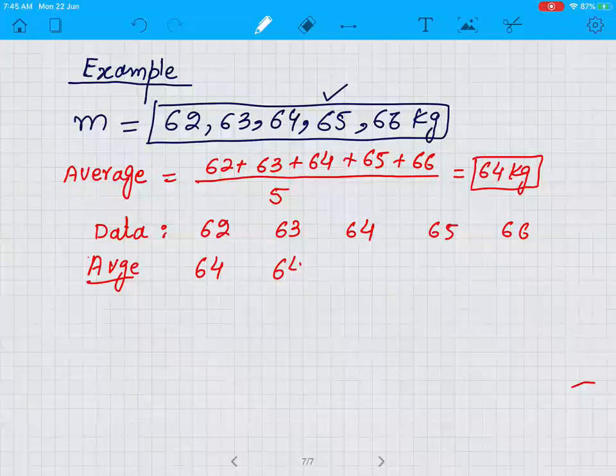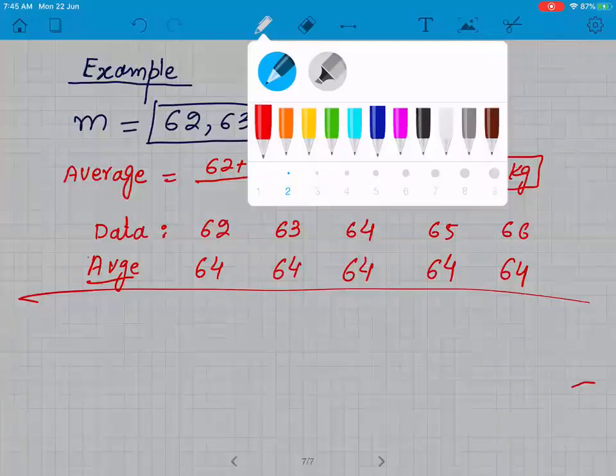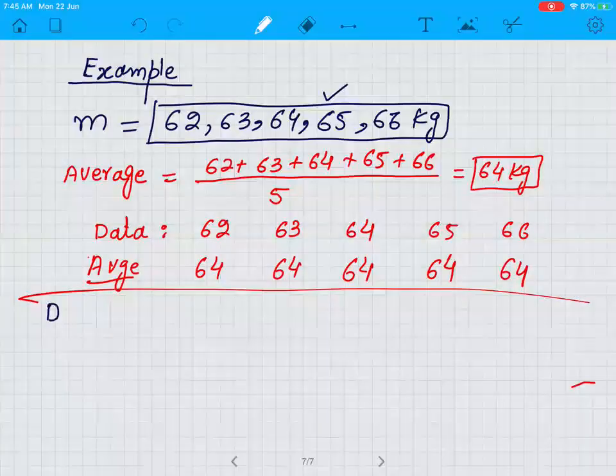Now calculate the deviation of each point from the average, and ignore the sign of deviation. Just calculate the difference. Here it is 2. Here it is 1. Here it is 0. Here it is 1. Here it is 2. Now, this is the deviation of individual points from the average: 2, 1, 0, 1, and 2.